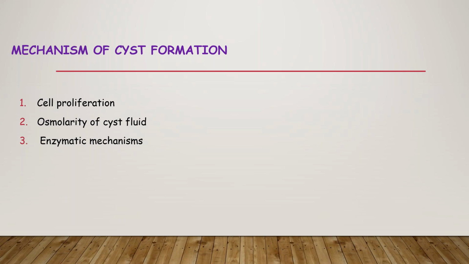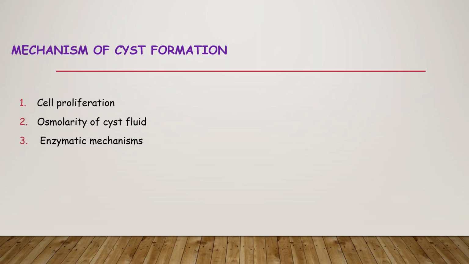Thus, increased hydrostatic pressure is built up between the serum and the cystic fluid, which causes resorption of the bone. More and more fluid from the surrounding will be attracted into the cystic cavity. This fluid accumulation causes the resorption of the bony structure, which results in expansion of the cyst.